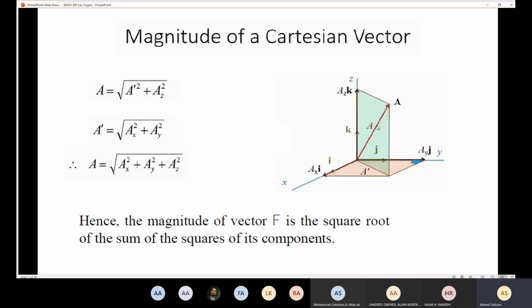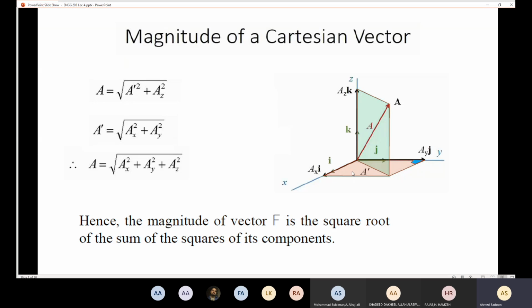So here again, I'm going to deal with the problem in 2 parts. The first part here, I'm going to say that the magnitude of the vector A is going to equal the square root of A dash squared plus AZ squared. And then I'm going to find the magnitude of A dash.